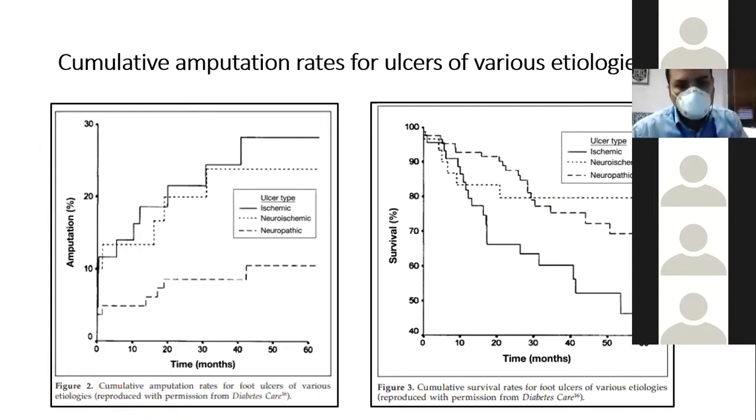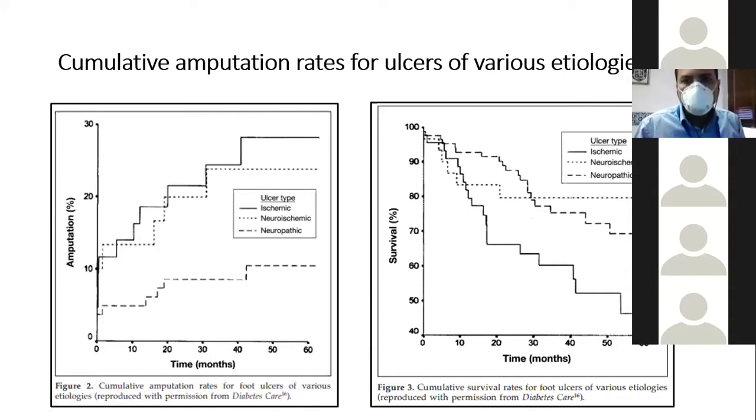What we see in the left column is that neuropathic ischemic ulcers have the highest rate of amputation, and the survival was worse in those patients who have ischemic ulcer as compared to neuropathic ulcer.